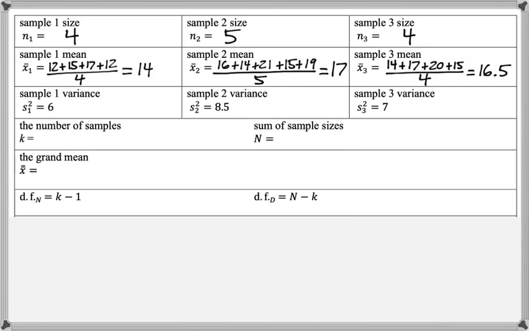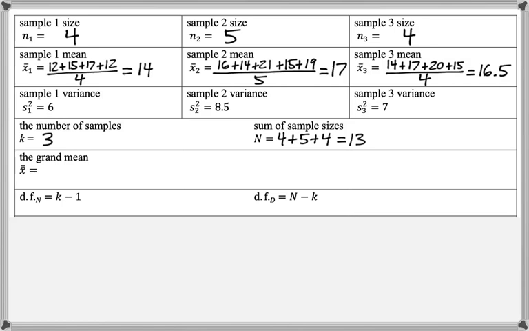The 3 sample variances have already been calculated for us. Next is the number of samples, which is k. So that is 3. And the sum of the sample sizes, or capital N, is 4 plus 5 plus 4, which is 13.